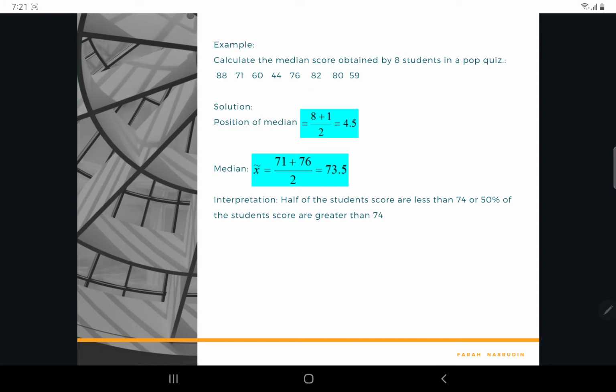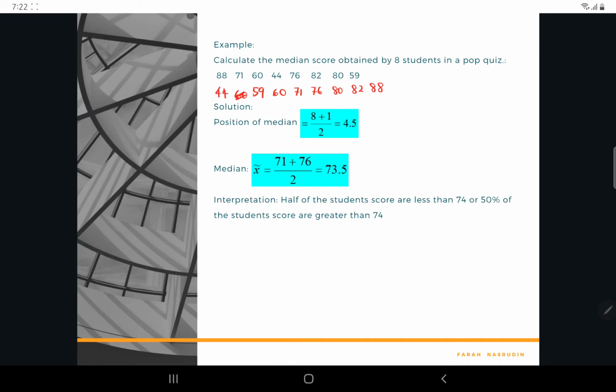So we start with 44 first, and then 59, 60, 71, 76, 80, 82, and 88. Am I right?